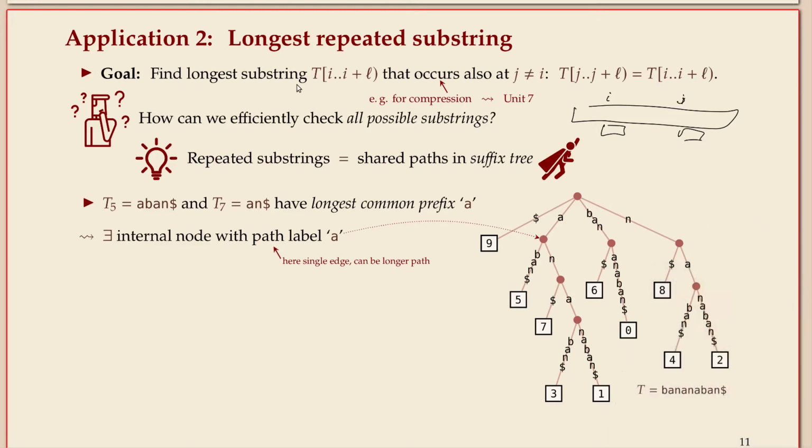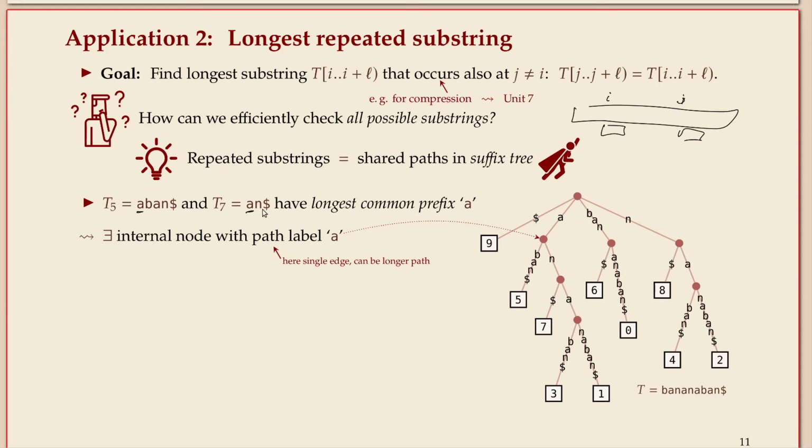For example, here, again my favorite example, banana. Two suffixes are T5 and T7, ana and a-n-a, and they have the longest common prefix of a. They only share the a, obviously. Then they differ in the second letter.